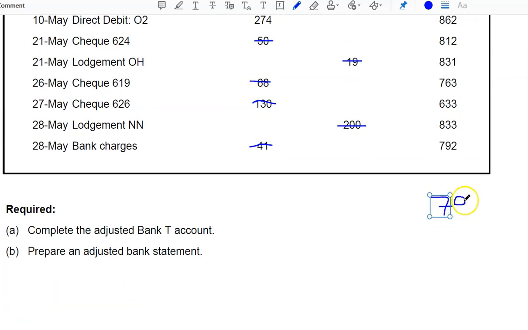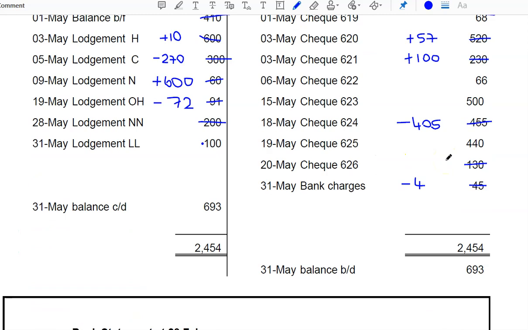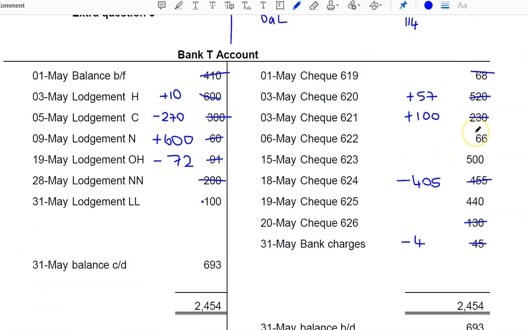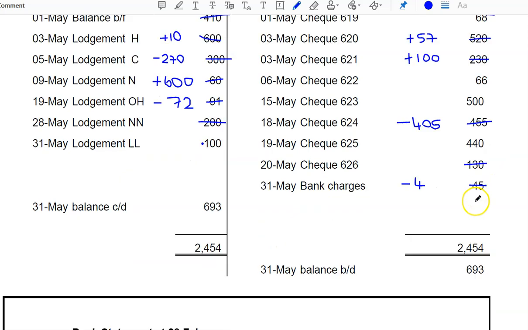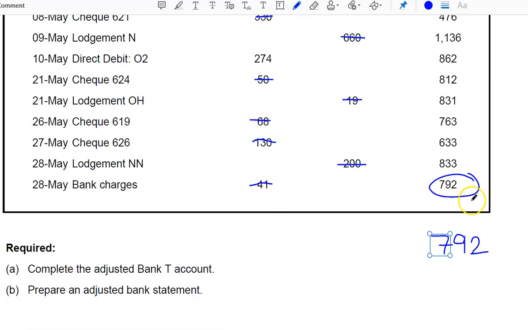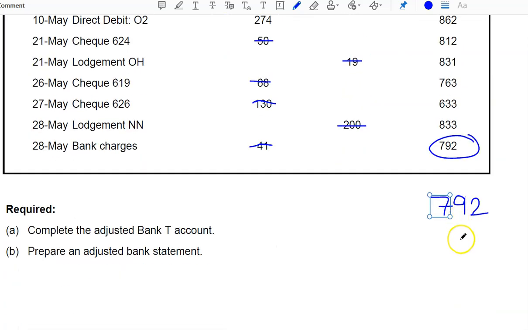So the closing balance, which you get down here, the bottom right hand side, is getting adjusted for checks that haven't been processed yet. 622, 623 and 625, which are 66, 500 and 440. So these three checks we've given to people, but they haven't yet processed them or presented them to the bank.